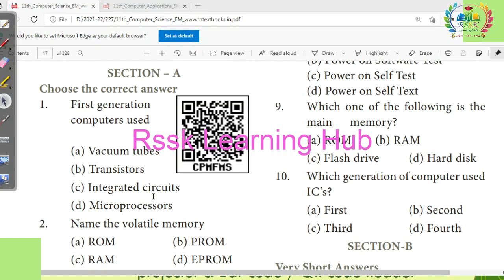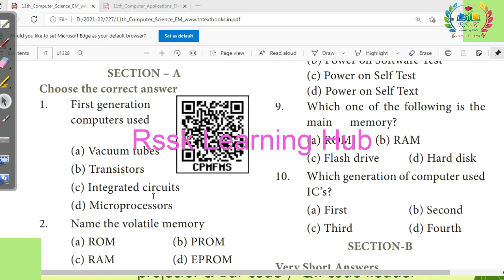What is the answer for this? Vacuum tube. Can you remember? I showed you vacuum tube images and all. How many vacuum tubes were there? 18,000, right? We saw this in your first session, first video itself.